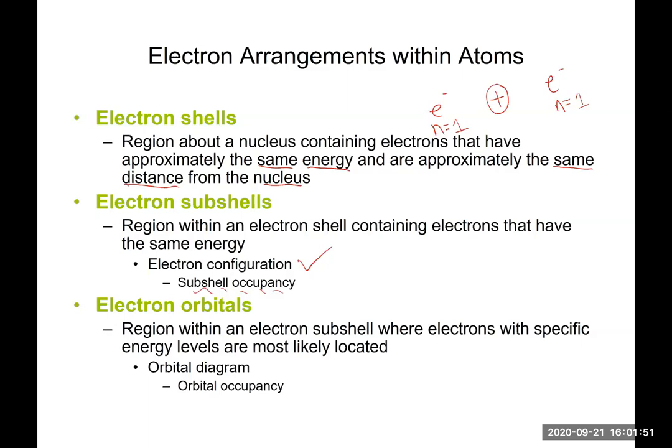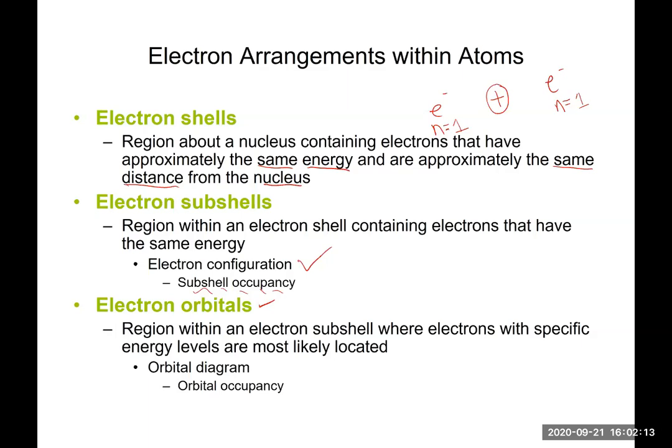And then we can look at orbital diagrams, and we can evaluate the electron's location associated with the orbital. The orbital is a region within a shell and an electron subshell where electrons with specific energy levels are most likely to be found.